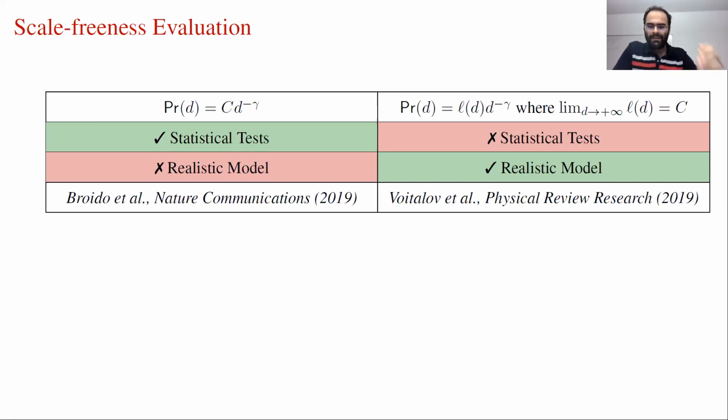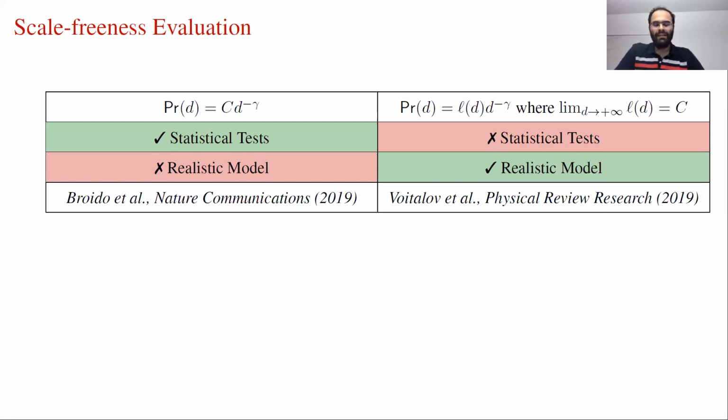This has the advantage that it allows for rigorous statistical tests, but on the negative side, it's not a very realistic model because it doesn't account for exponential cutoffs, noise, and other things we would expect to see empirically. And the state-of-the-art method for this way of evaluating scale-freeness is the paper of Broido and co-authors, Scale-free networks are rare.